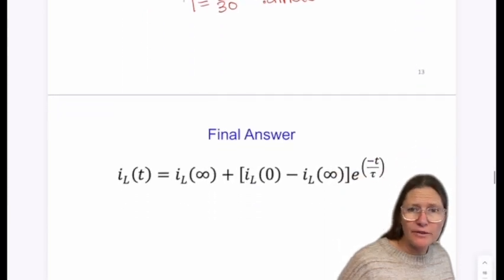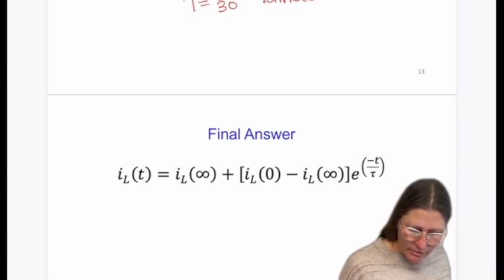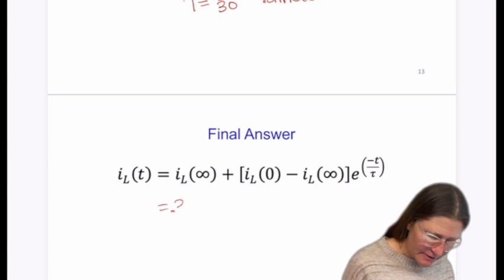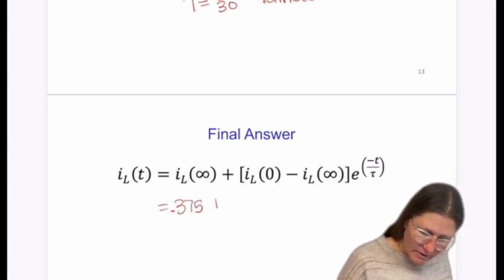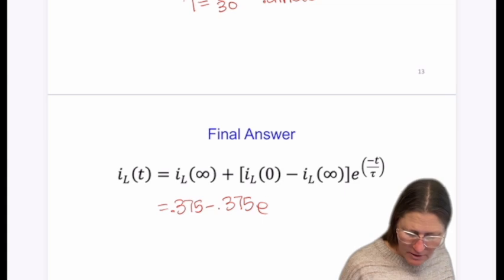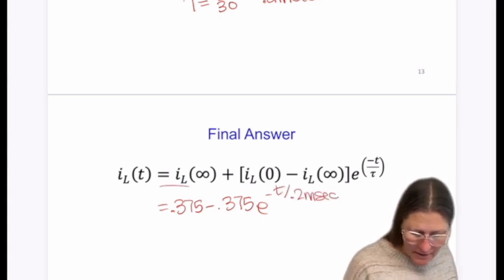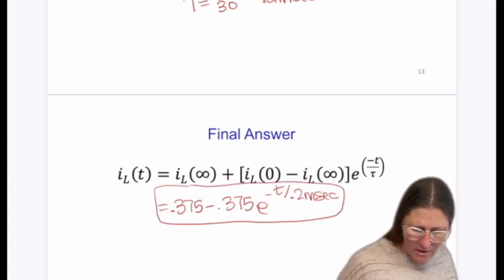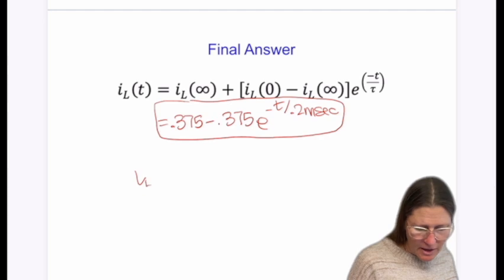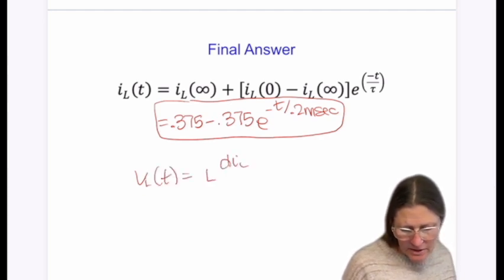So my final answer will be IL of 0 was 0, and this was 0.375 plus 0 minus 0.375 e to the minus t over 0.2 milliseconds. And then VL I can find from L dIL/dt.